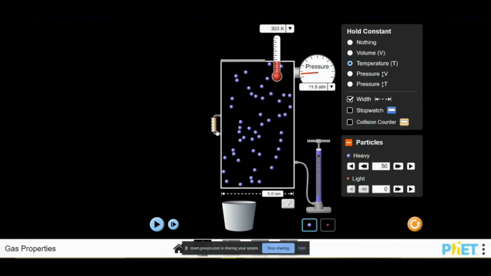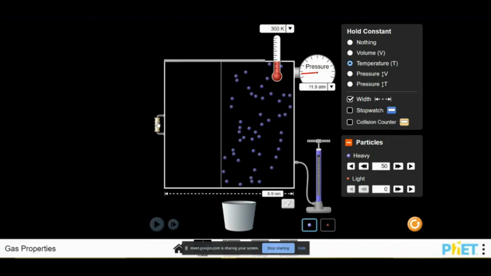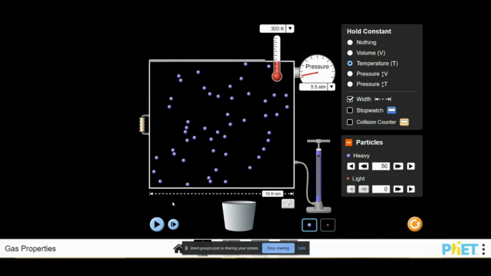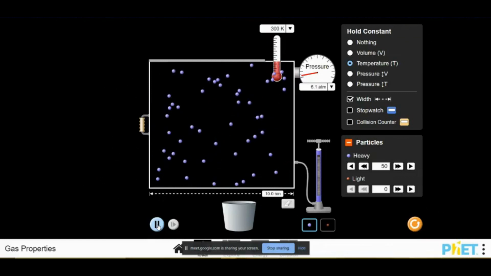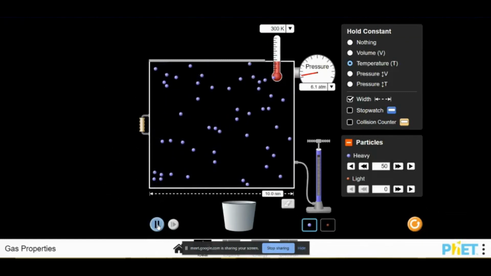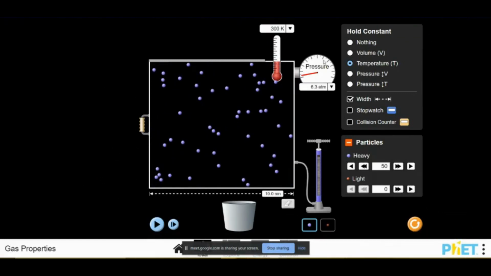So we go to the next one, which is the 10 nanometer container, and we click play again. Then we record the pressure value for 50 particles at the 10 nanometer container.